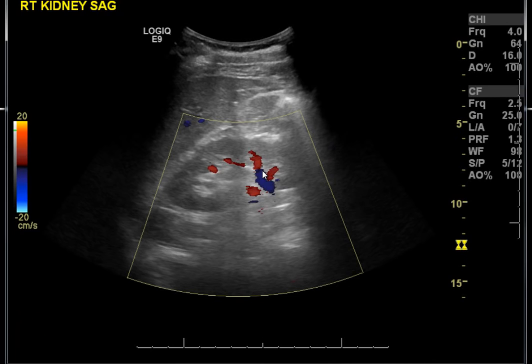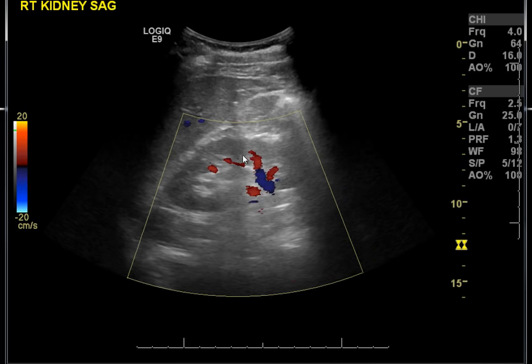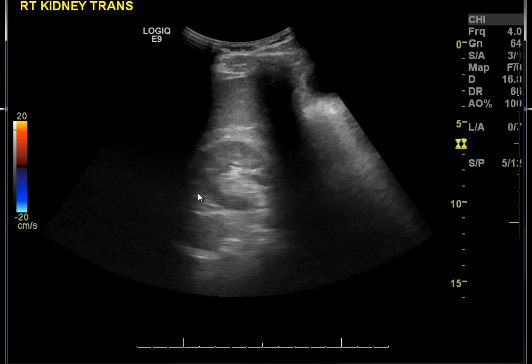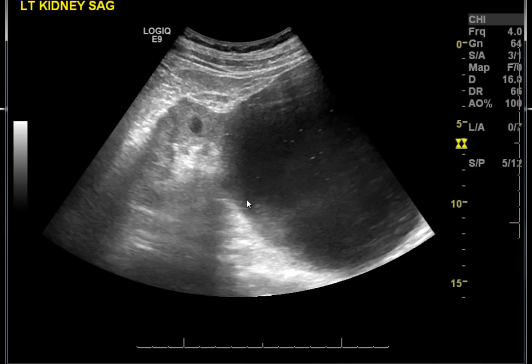Now they put the color on, and that helps us sometimes when the sinus demonstrates any anechoic areas. They want to show us if they're vascular or not. So we have some arteries and some veins, but mainly arteries here. And here's the region of the renal hilum. They put the color on.